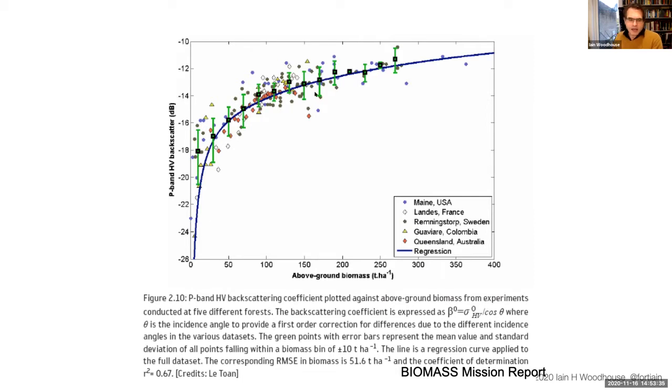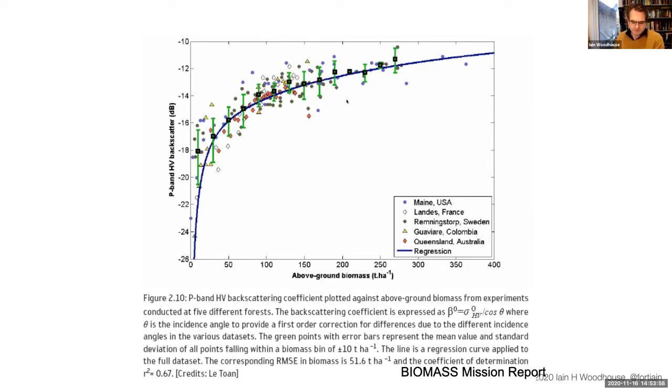But I'm concerned that people's hopes aren't increased too much. So there should be some level of healthy understanding about the limits of what we're going to be able to do with a mission like Biomass. And one of the key challenges is just the spatial resolution.